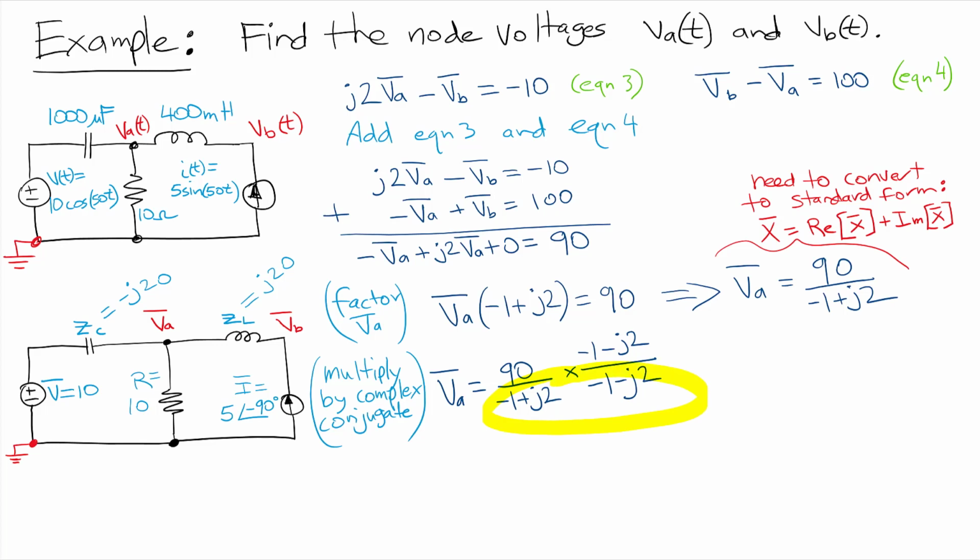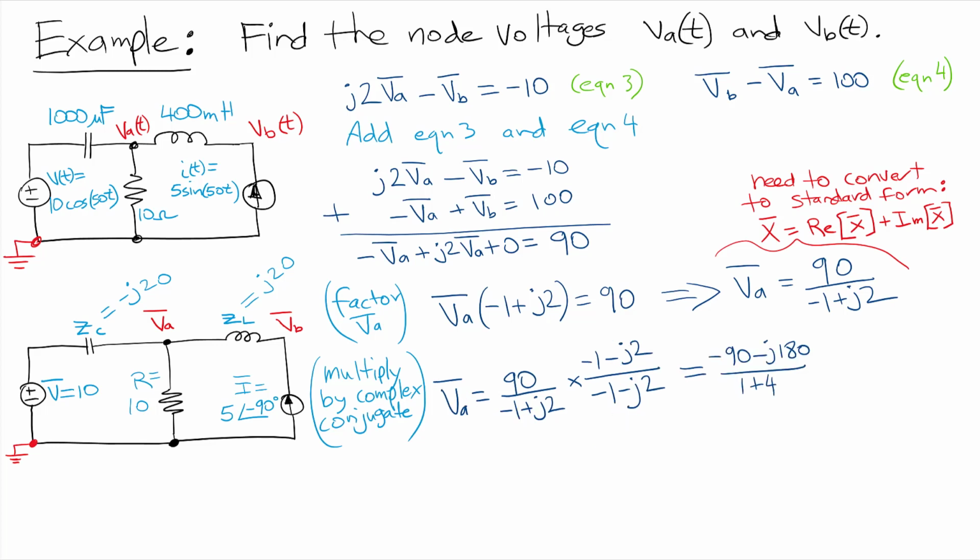The j's will disappear. So that's why we have to multiply by the complex conjugate, and how we form the complex conjugate is that we flip the sign on the imaginary part. So this was a plus, so then it becomes a minus. If it was a minus, then it would become a plus, okay? So that's just a little refresher on the complex conjugates.